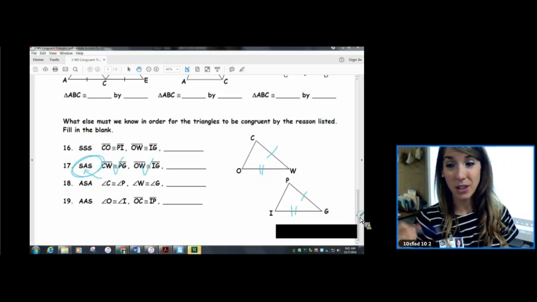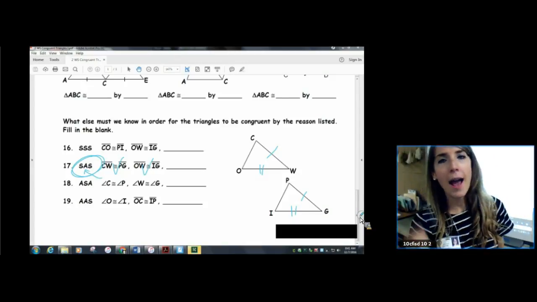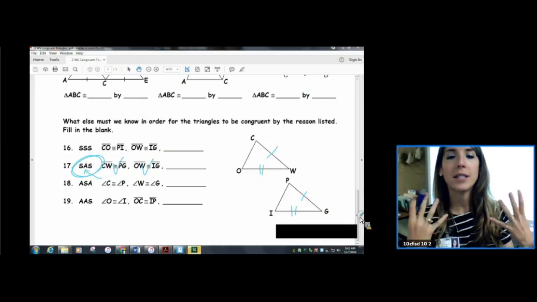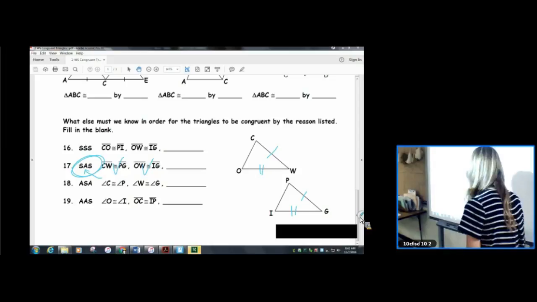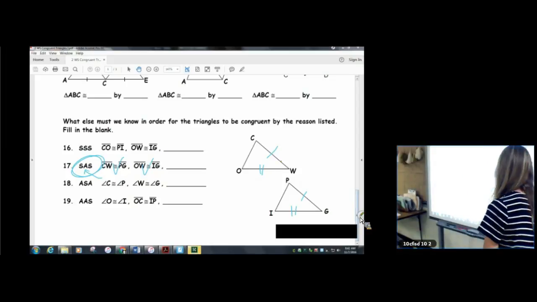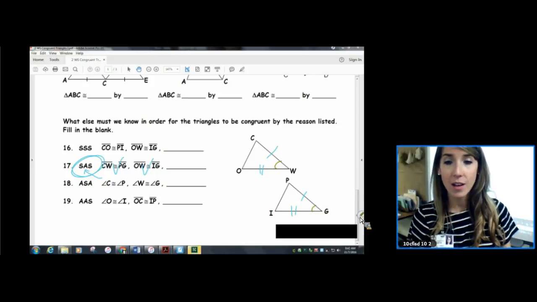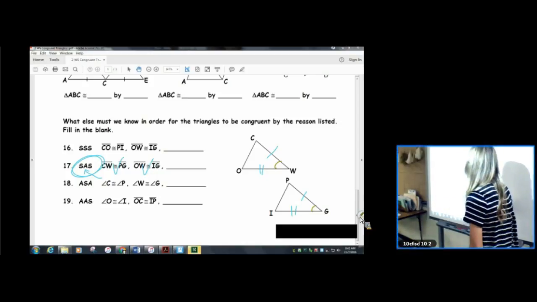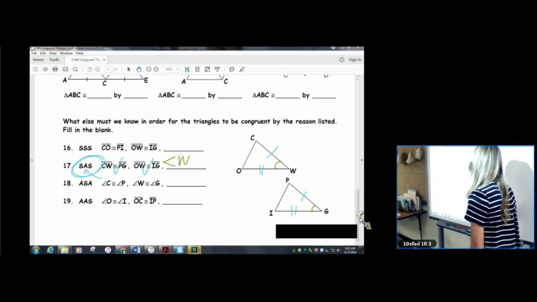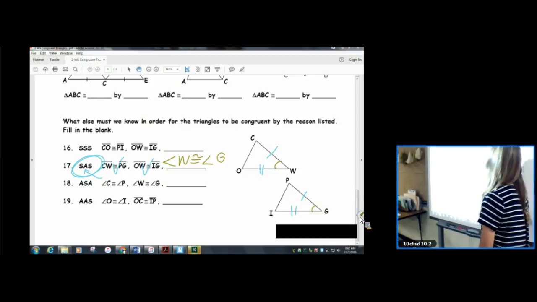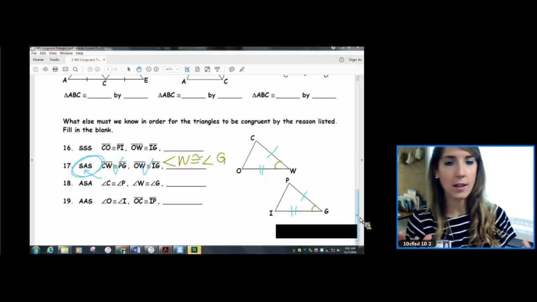So we need W and G. You don't just say, I need W and G. I mean, I've had students write that before. You have to write it precisely. We need, in order to complete this problem, arcs on those angles. Arcs mean congruency. So we need angle W to be congruent to angle G. And that's the only way you're allowed to write that answer.